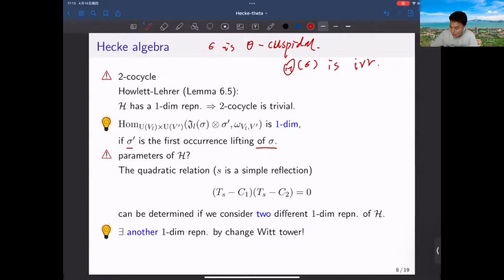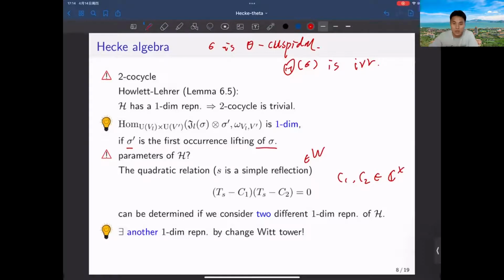And then what about the parameter? The parameter is about the quadratic relation. Basically, suppose you have a simple reflection in the Weyl group; then you expect to have a quadratic relation for certain C1 and C2, which are non-zero complex numbers.